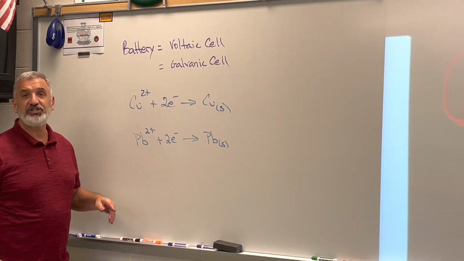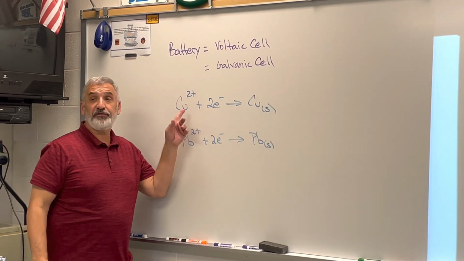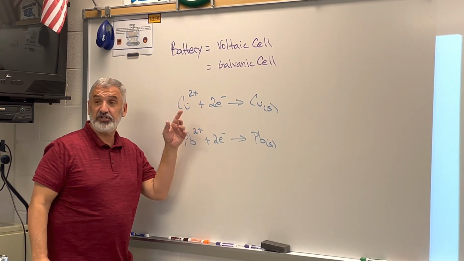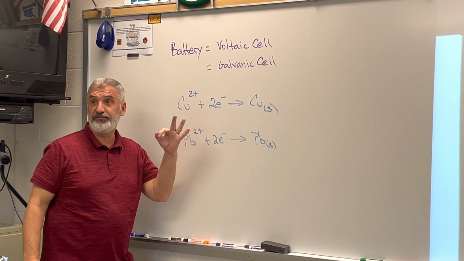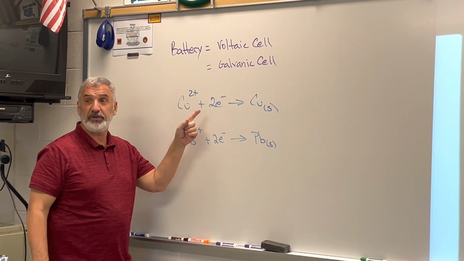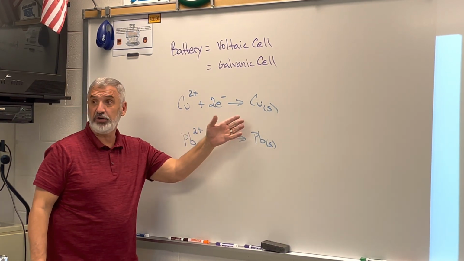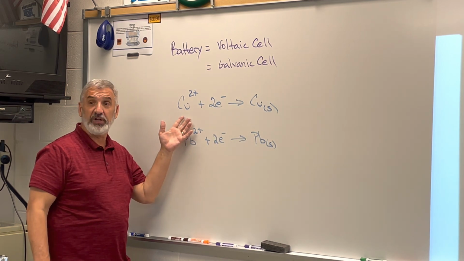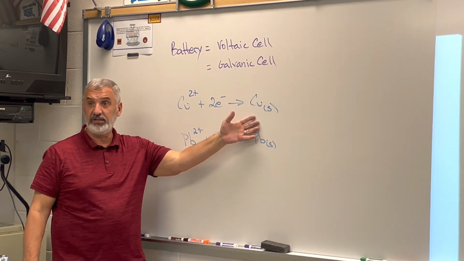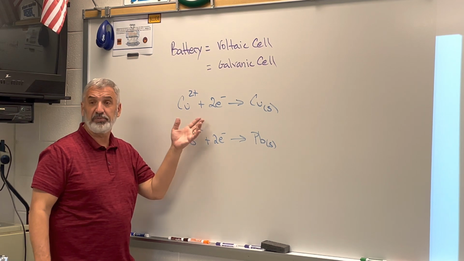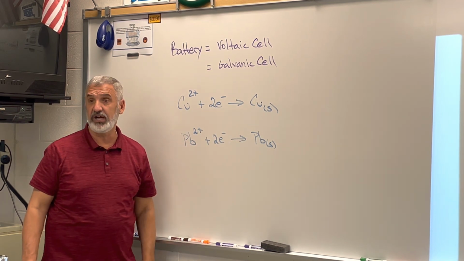Okay, and on page 1105, look for copper 2+. Now there's several of them. There's like 3 of them for copper. It's copper 2+ plus 1 electron going to copper 1+, copper 1+ plus an electron going to copper solid, and copper 2+ plus 2 electrons going to copper solid. We want copper 2+ plus 2 electrons going to copper solid.